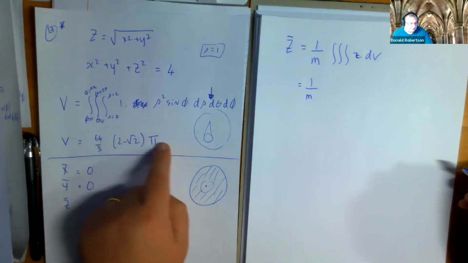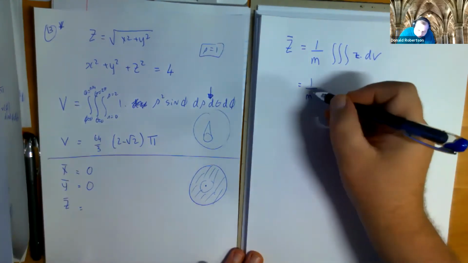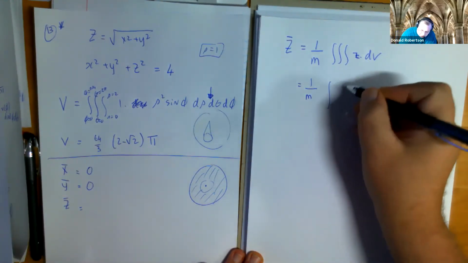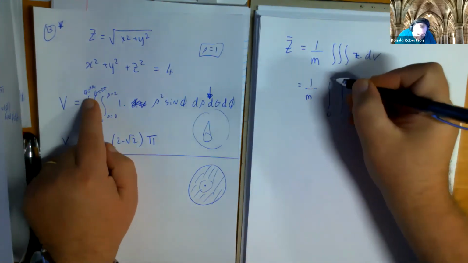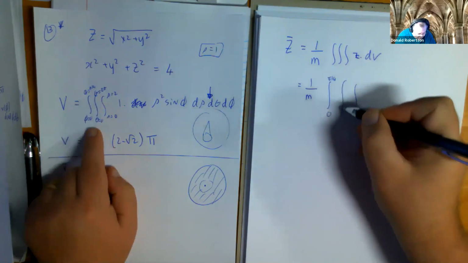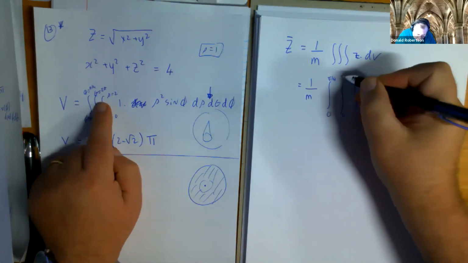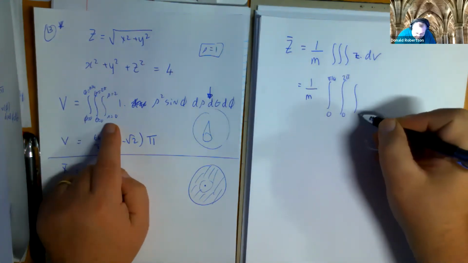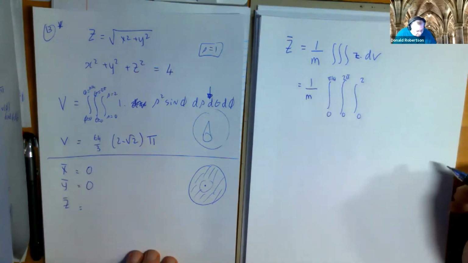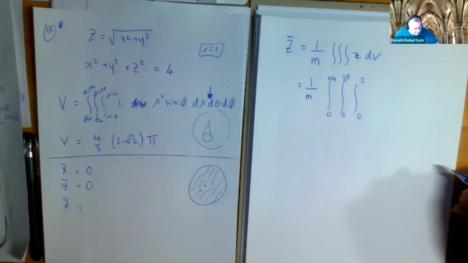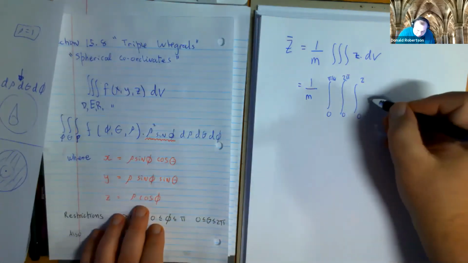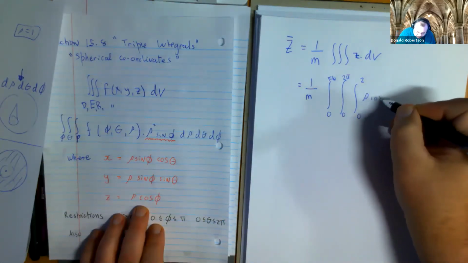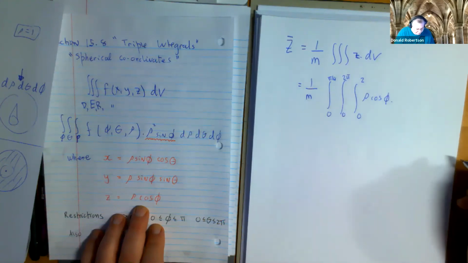According to the solution I've got, it's that number, but whatever it really is, we'll call it m. The triple integral is the same as before: 0 to pi upon 4, 0 to 2 pi, and 0 to 2. I have a z here, but don't I just replace the z by rho cosine of phi?